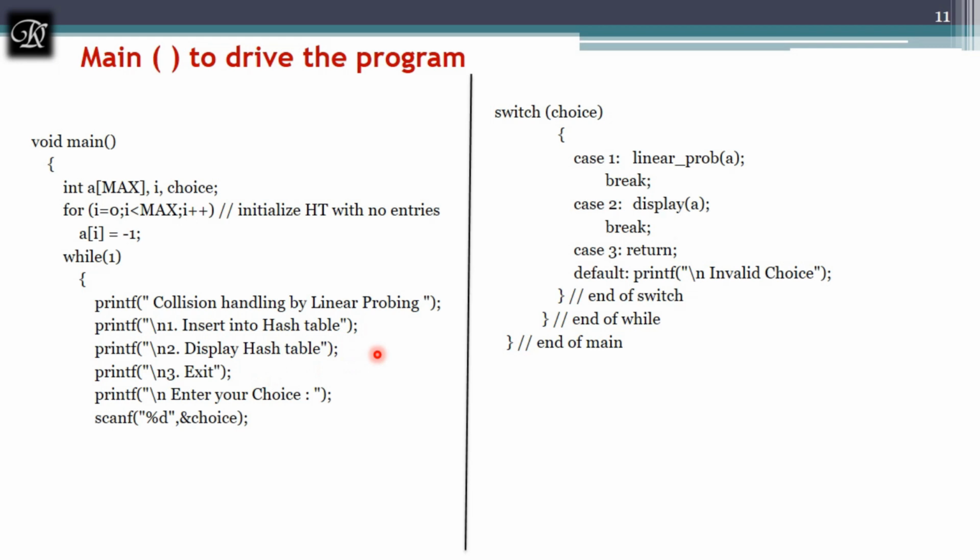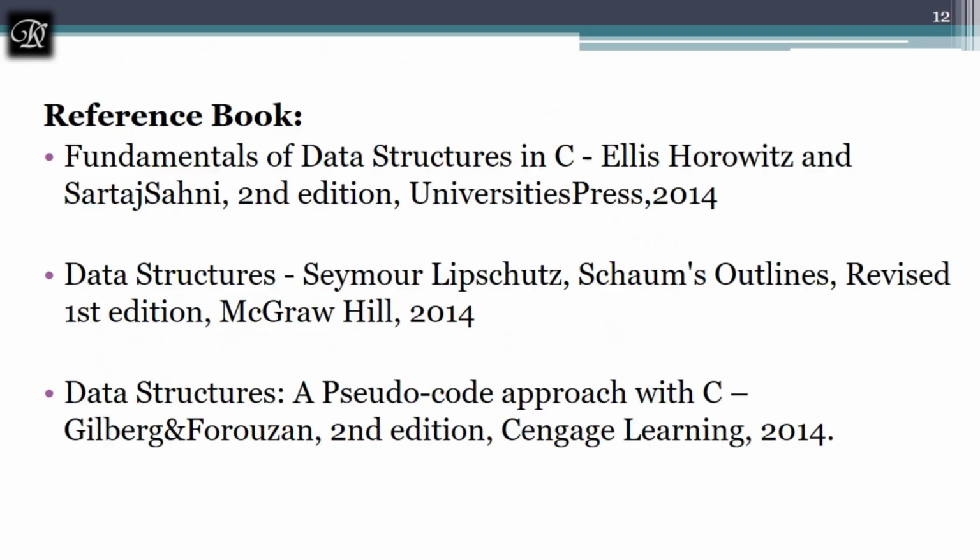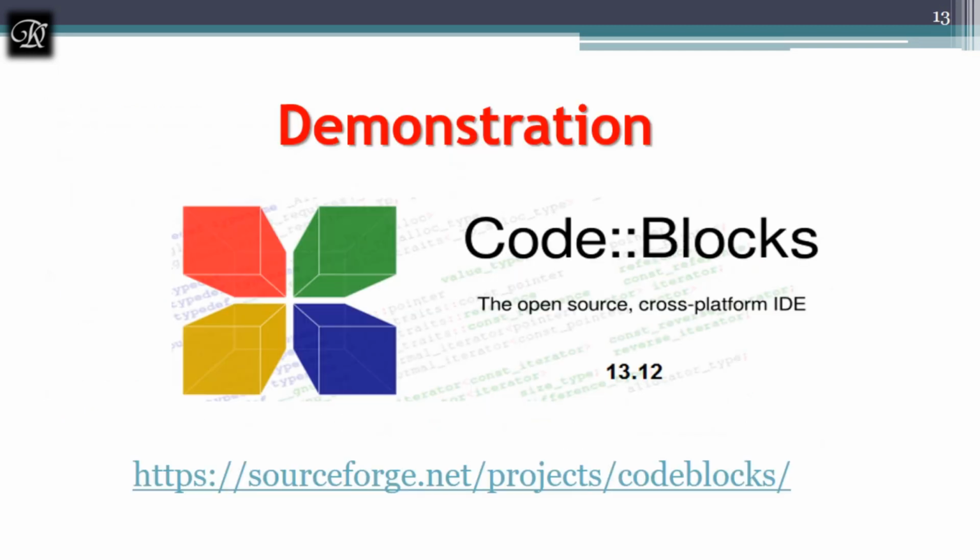Once you choose an appropriate choice, if it is choice 1, it creates a hash table with linear probe. If you want to display the table, it displays the hash table with the display function. And if you are coming out, it's the end of the program. And these are all the references I made to explain this. And let's see the demonstration.